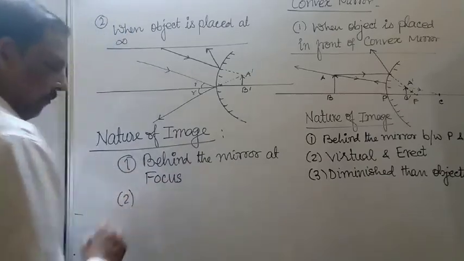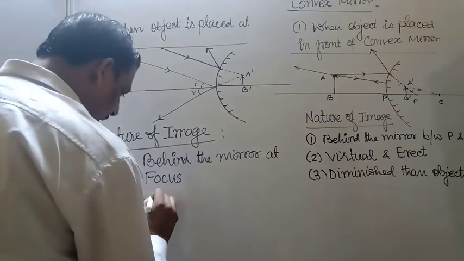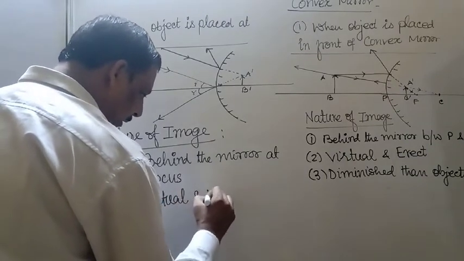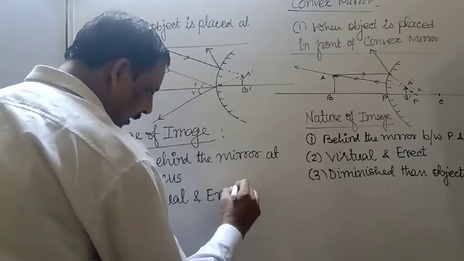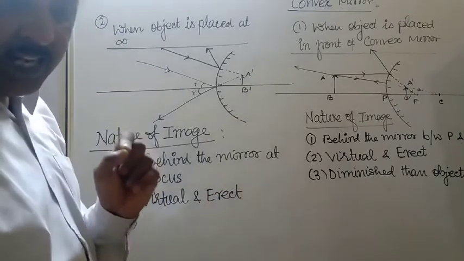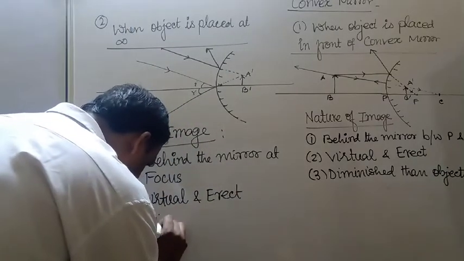You have to remember this thing. Second, it is virtual and erect. And third, what is the size? Highly diminished, highly diminished means point size.